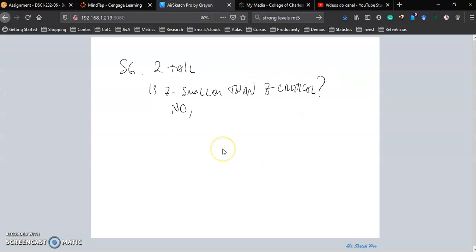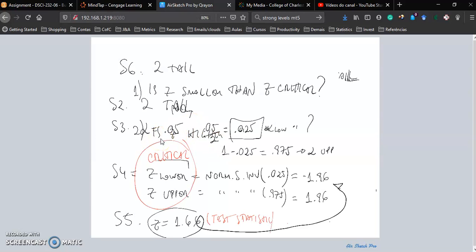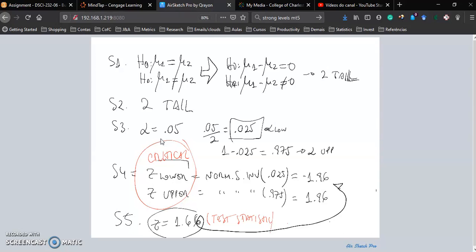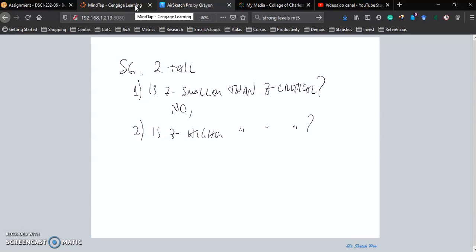So I go back here. This is 1, 2. Is z higher than z critical? Let's take a look again. 1.66, this number right here, is not higher than this. So no.